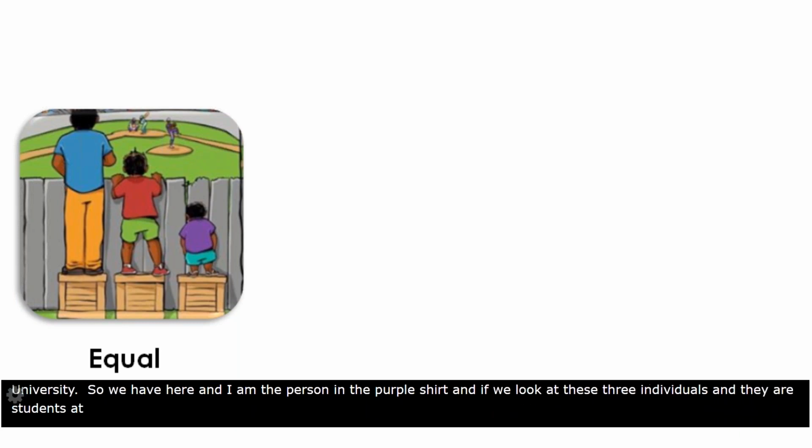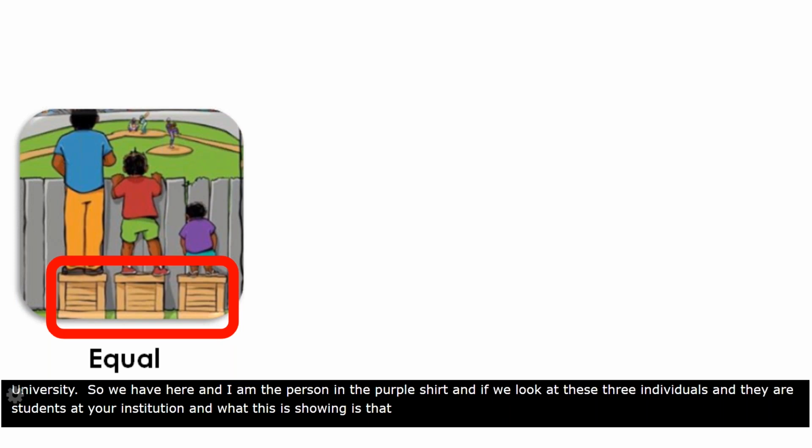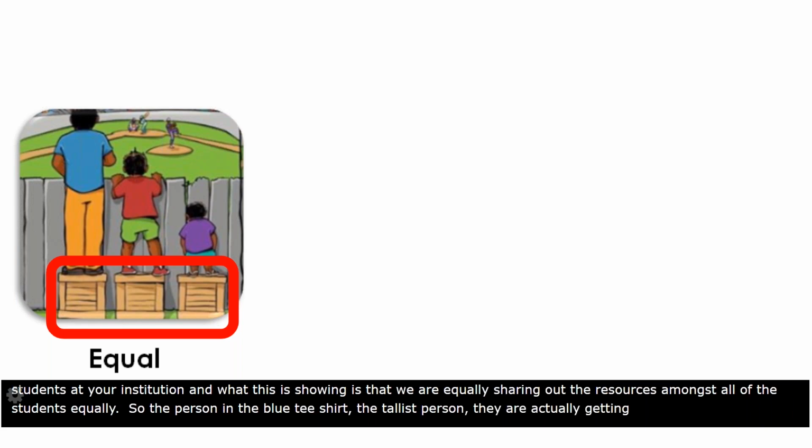What this is showing is that we are sharing out the resources equally amongst all of the students. So the person in the blue t-shirt, the tallest person, is actually getting additional height. They don't need it to see over the fence to watch this game.